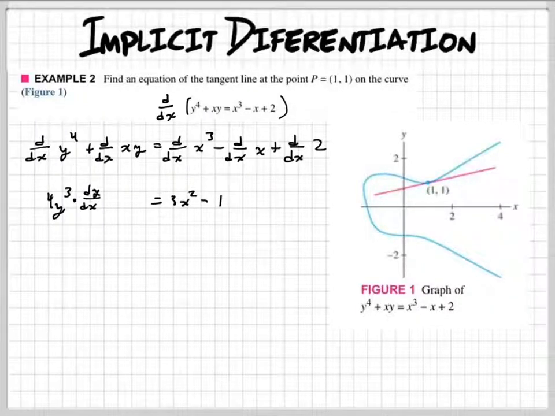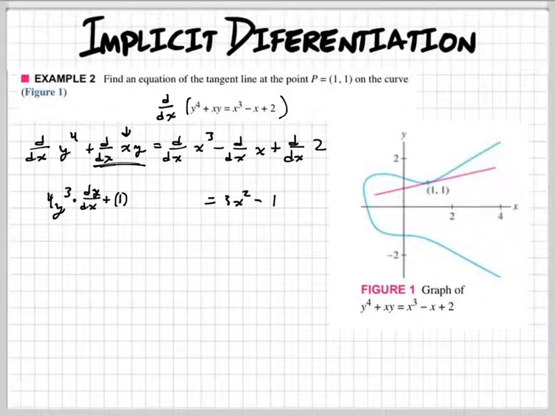And then this next one right here, we're going to have to do the product rule. It looks like I don't have enough space right there, so I'm going to move this guy out a little bit. Okay, now I have space. Because I have two variables multiplying each other in here, I'm going to have to use the product rule. So what we do first is take the derivative of the first one, so that's going to be 1, right?